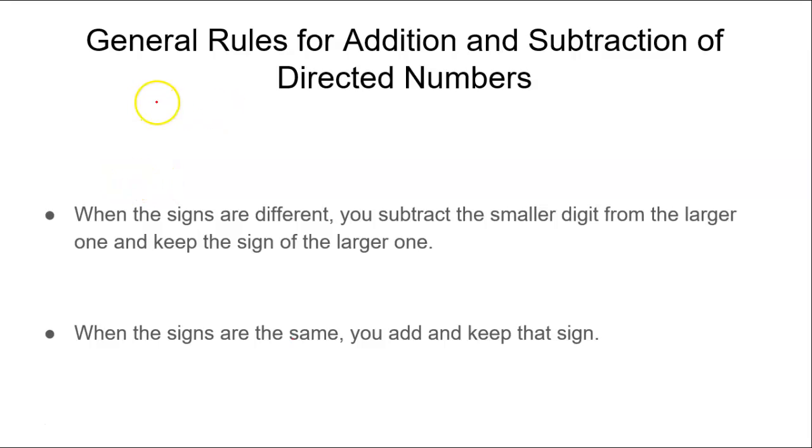So here are the two general rules for addition and subtraction of directed numbers. When the signs are different, you subtract the smaller number from the larger number and you keep the sign of the larger one. For example, let's say we have an expression in the form -x, where x can represent any number, plus y.